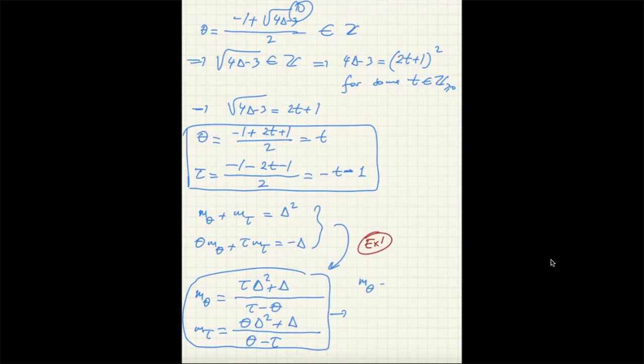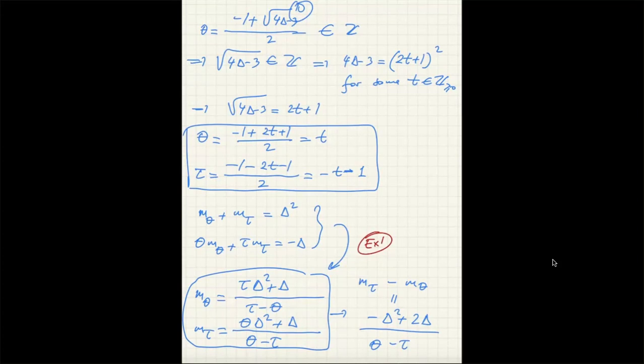So when you do the difference between m tau minus m theta, that will equal, so at the bottom we'll have theta minus tau, and it will equal minus delta square plus 2 delta on the top. And this comes from the fact that the sum of tau, theta and tau is -1.